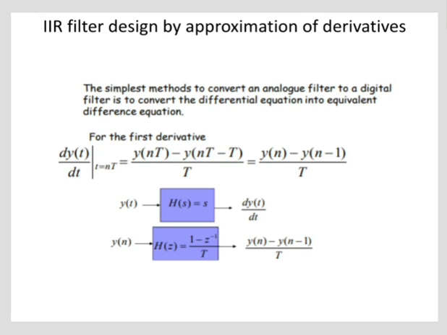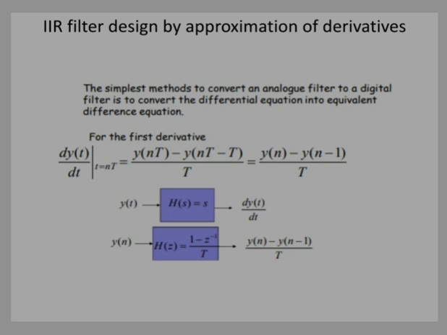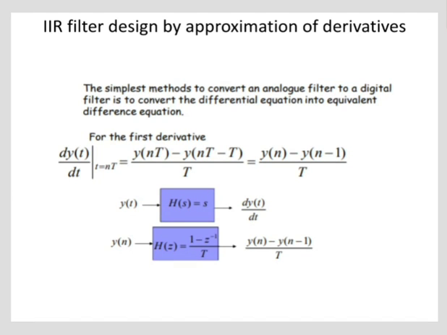So this is the simplest method to convert an analog filter to a digital filter: IIR filter design by approximation of the derivative. Convert the differential equation into an equivalent difference equation.